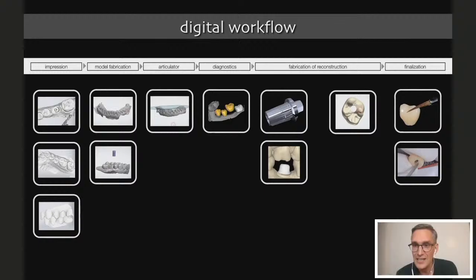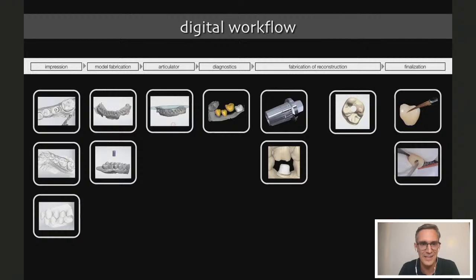And then he uses again computer-aided software in order to design the crown, or also the abutment. So also the abutment could be customized, for example. But then we have to get back from the virtual world to the real world, and that's done by computer-aided manufacturing. At the end, again, we have different components, and the dental technician has to put them together.